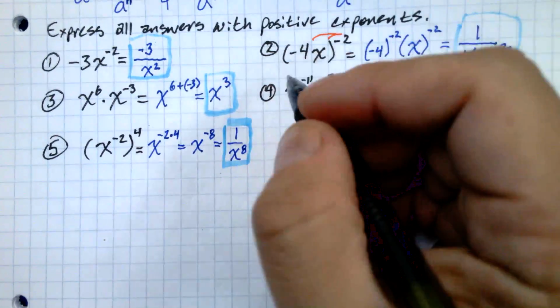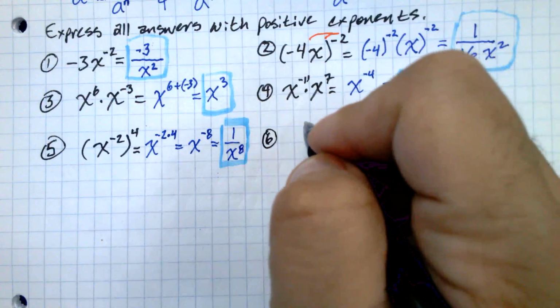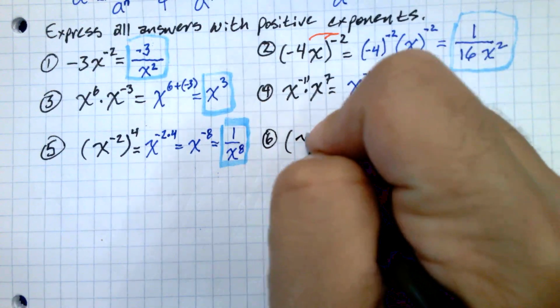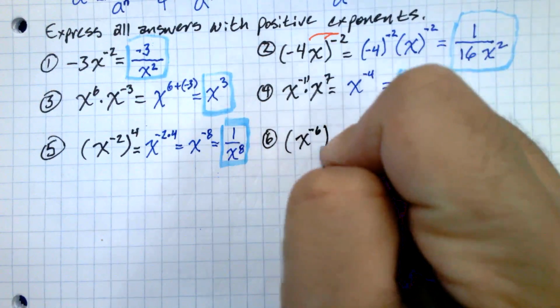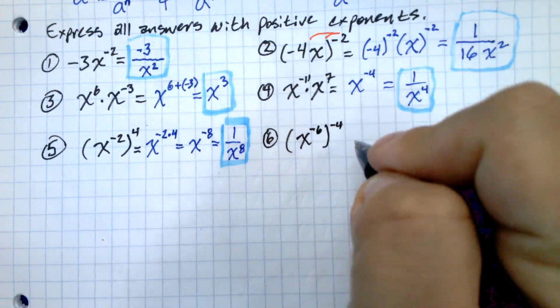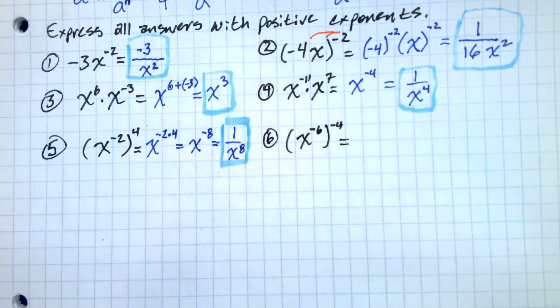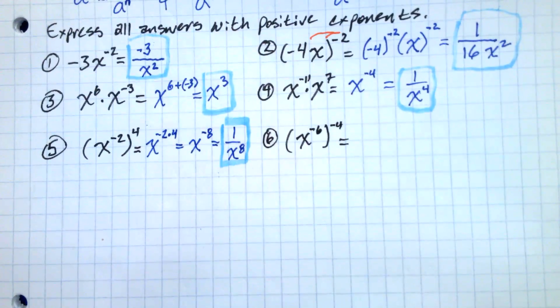And number 6. Let's do x to the negative 6 raised to the negative 4. What's that going to give us?